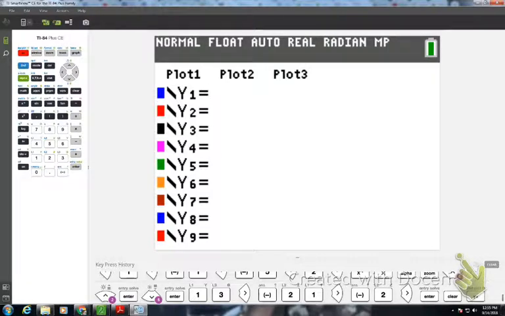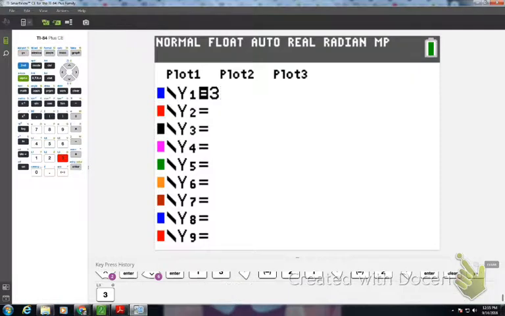We've got the first inequality, 3x plus y is less than 1. So to isolate the y, we would subtract 3x from both sides. So we would have y is less than negative 3x plus 1.